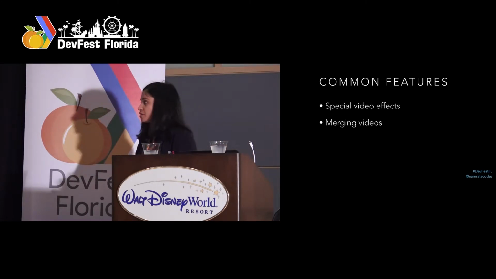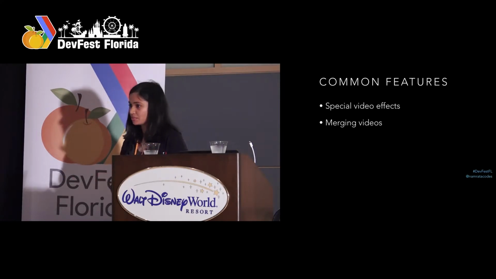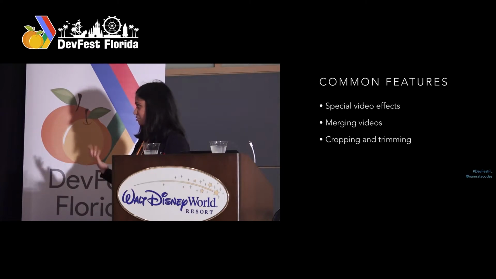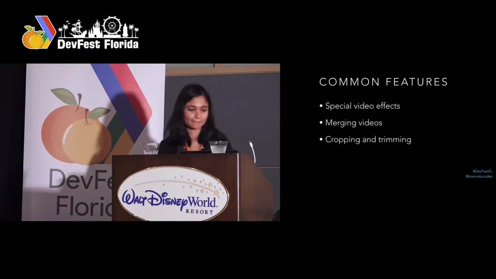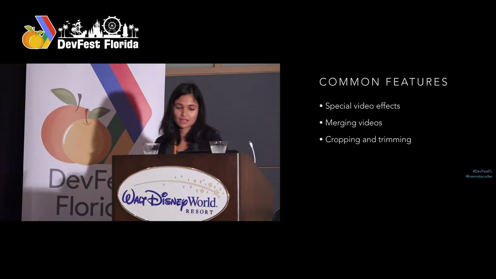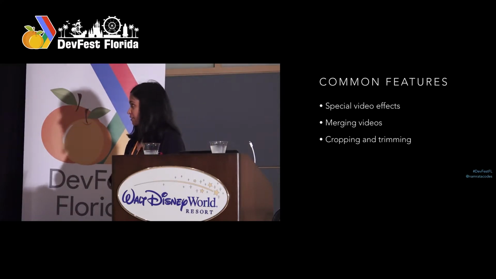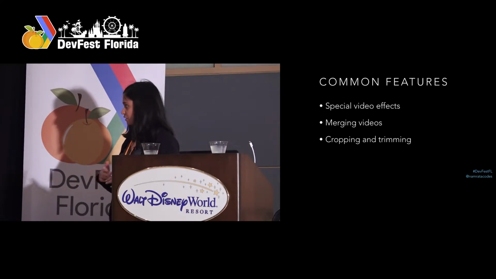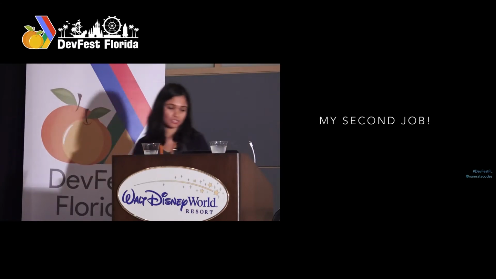They also support merging multiple videos into one single file, and this is also known as concatenation. And some of them also support editing features like cropping the video in size or trimming the video in duration.